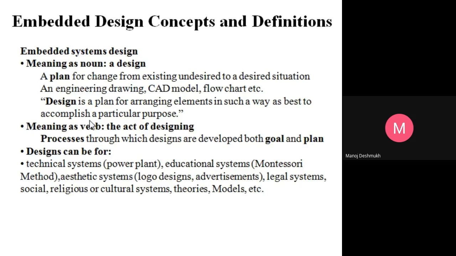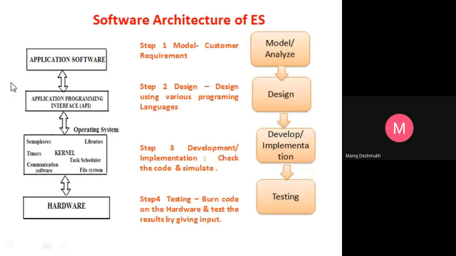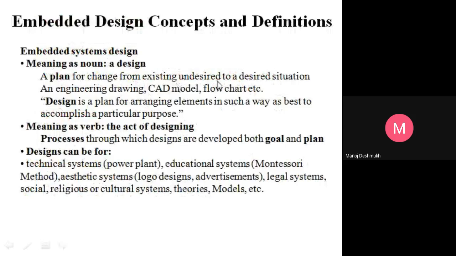But as we have seen, design is always based on requirement. Step one is requirement, and based on requirement we go for design. So this is the second stage after analyzing the requirements. Designing is based on goal as well as plan.